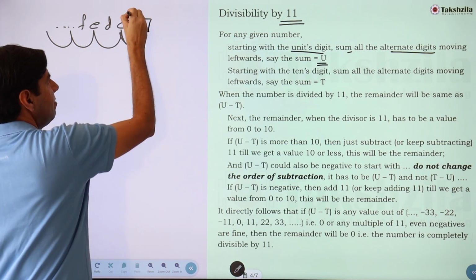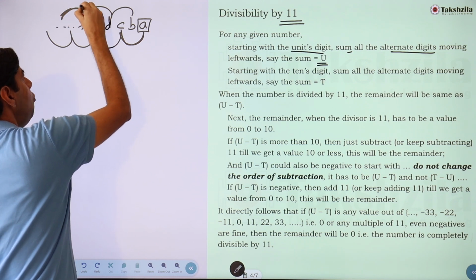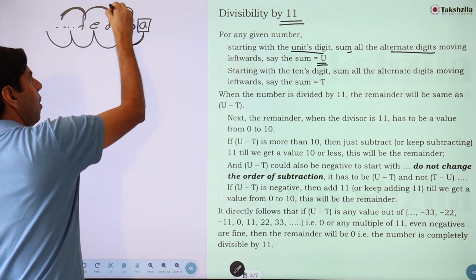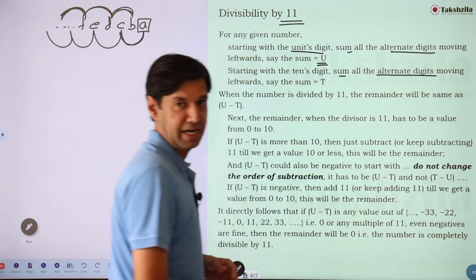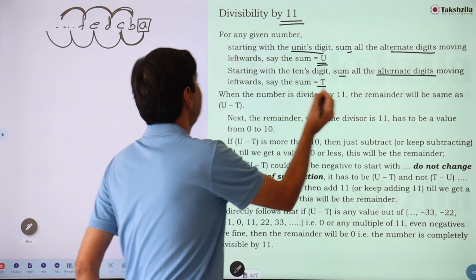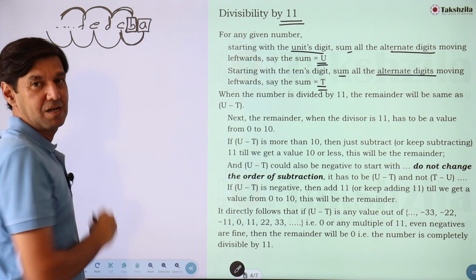So now start with 10, the other set of alternate digits. And it doesn't matter how many there are. Add the other set, the sum of the other alternate digits. Let's call it T because we are starting from the tens place. Right?